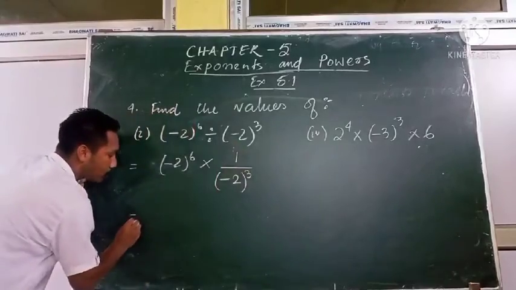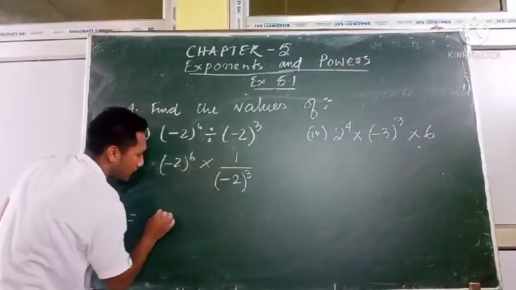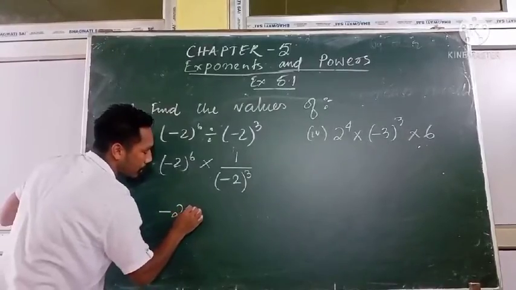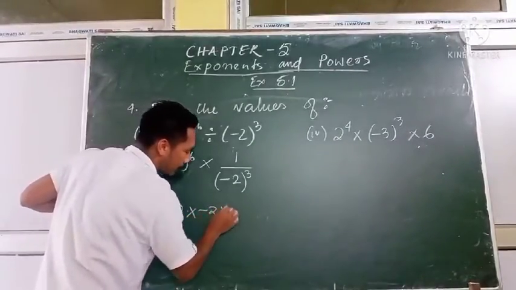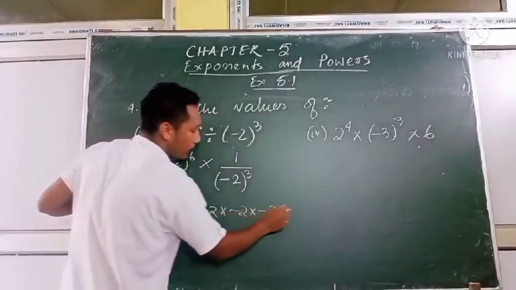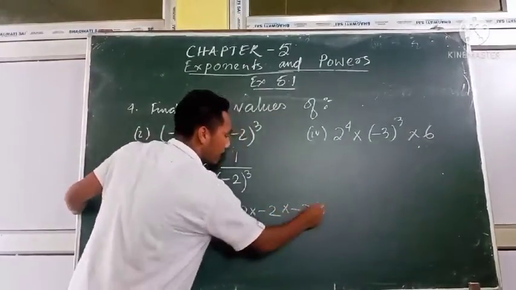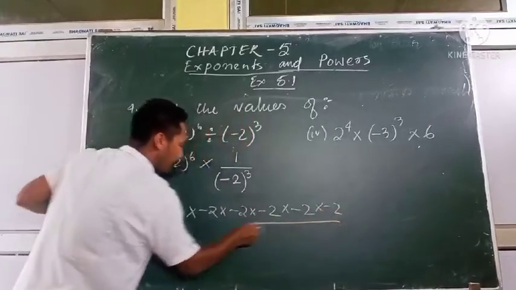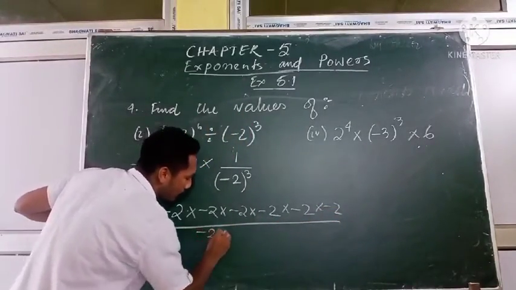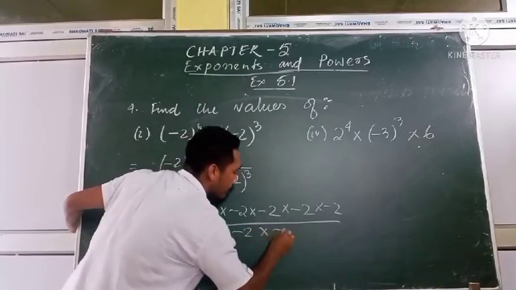So I can also write it as multiplication. Minus 2 to the power 6 means you have to multiply minus 2 six times: 1, 2, 3, 4, 5, 6. Divided by minus 2 to the power 3, that means minus 2 you have to multiply 3 times.